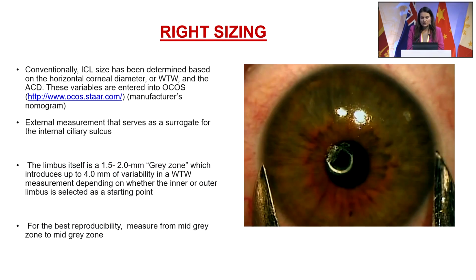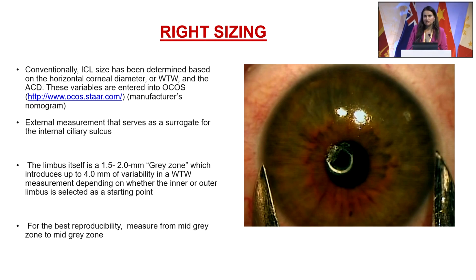So coming to the sizing, conventionally, ICL sizing has been determined basically on the basis of the horizontal wide to wide diameter and the anterior chamber depth. These variables are then entered into the manufacturer's nomogram, which is the OCOS nomogram. The wide to wide is an external measurement that is serving as a surrogate for the internal ciliary sulcus.